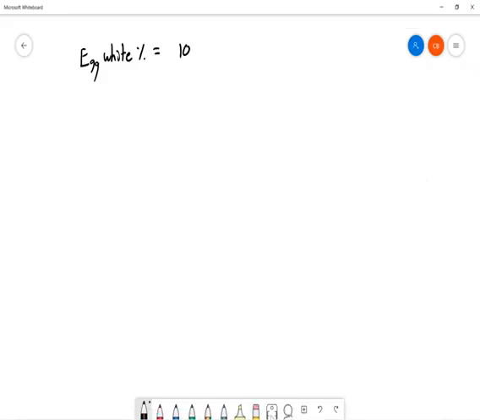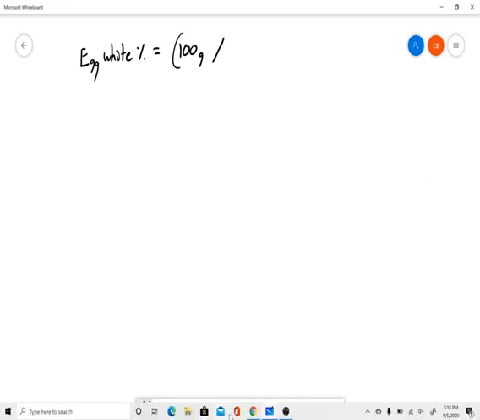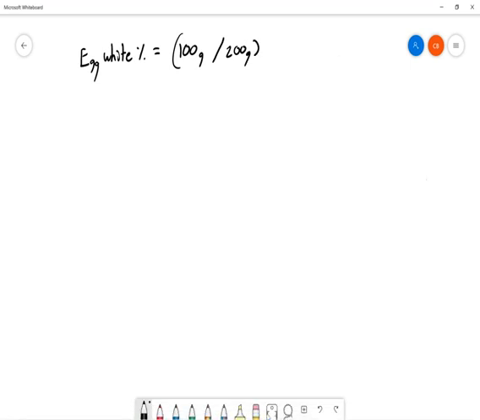Let's say the egg white itself was 100 grams, and that is divided by the mass of the entire egg. Let's say the egg is 200 grams, which is probably a large egg, but it'll do for this purpose. So the egg white is 100, divided by the entirety of the egg, which is 200, and then you multiply it by 100% to get it into a percent.